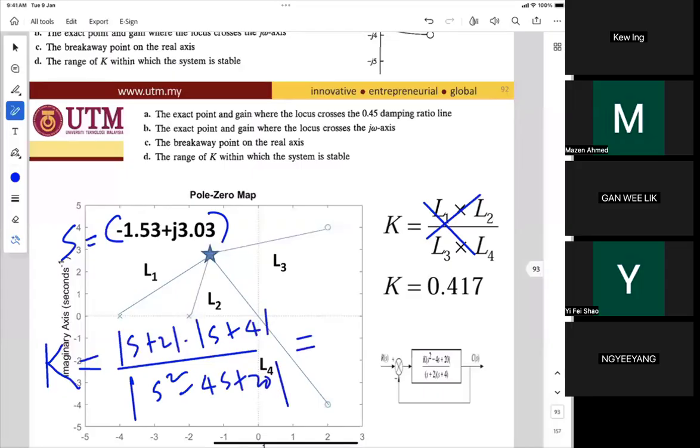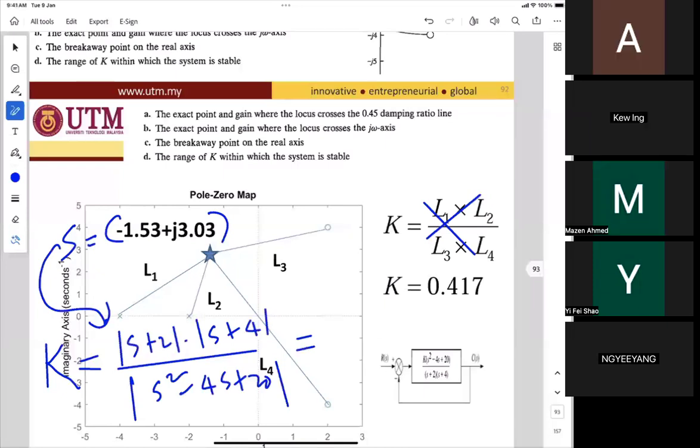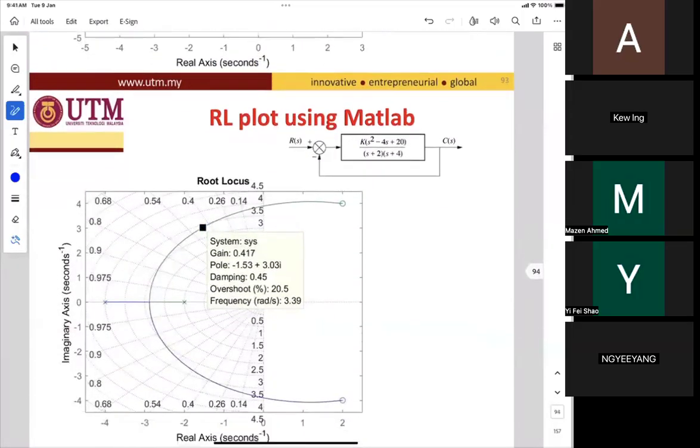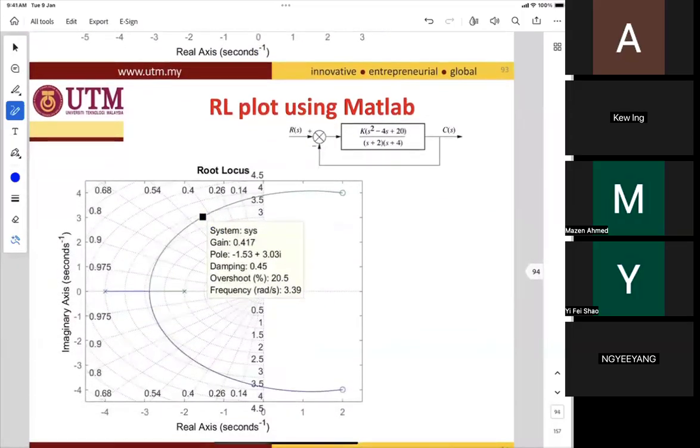Then replace S equal negative 1.53 plus J 3.03. And the value is around 0.4417. Okay, good. Then we plot there, so we got the same answer. Verification.